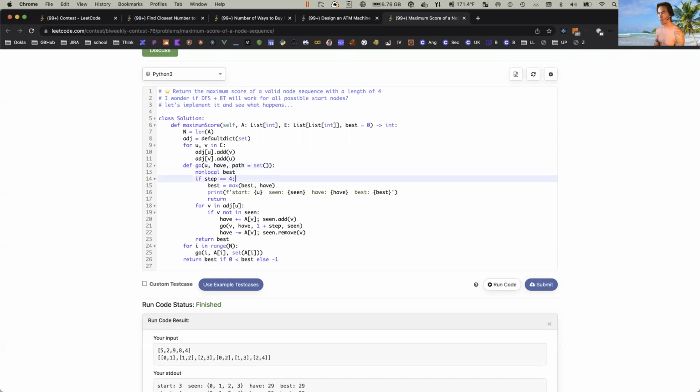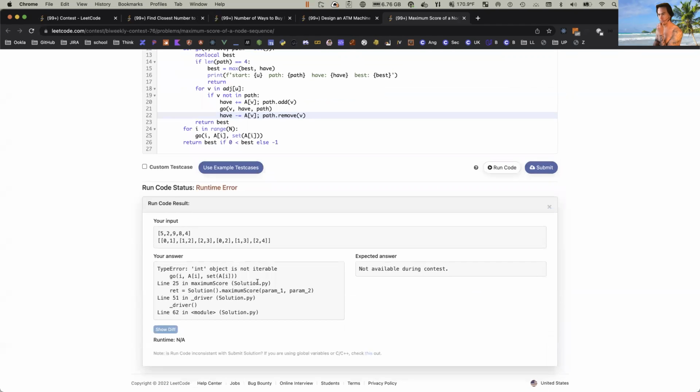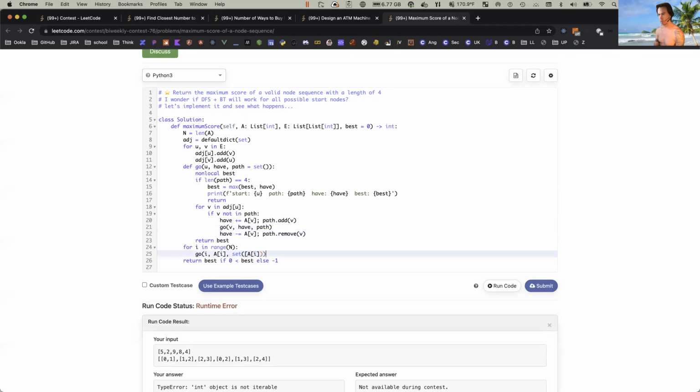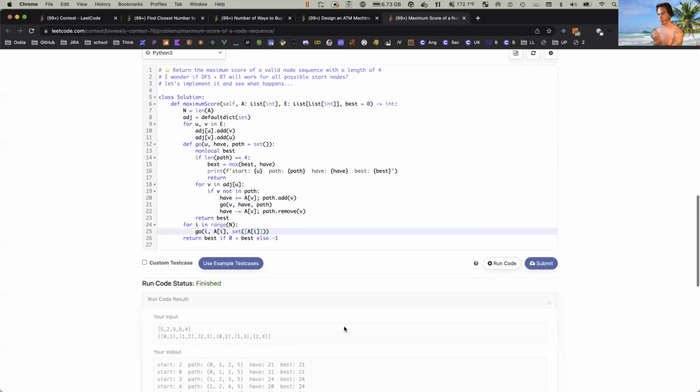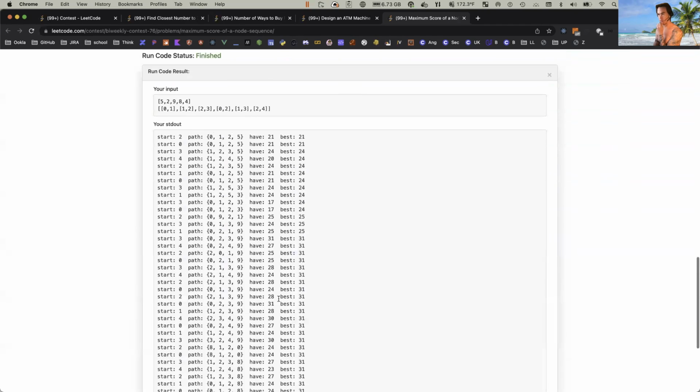Have and path. Length of the path. V is not in the path. Add it to the path. Backtracking. Okay. Int object is not iterable. That is not correct.